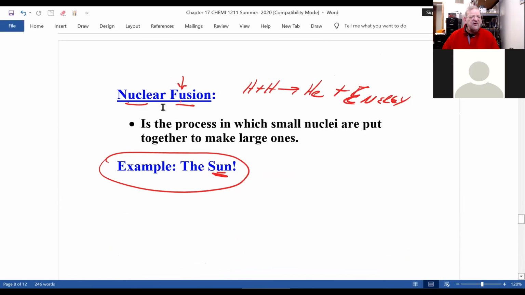And for the nuclear fusion, U, like in the sun, that's when you have smaller nuclei put together to make larger ones. How many of you looked up at the sky and seen the sun, thought that's a big monster chemical reaction, radioactive chemistry going on right before your very eyes?